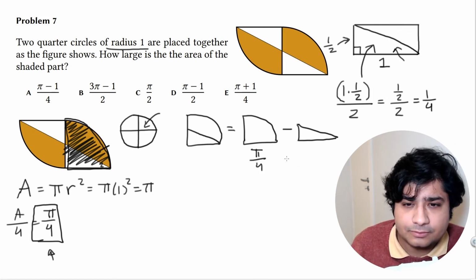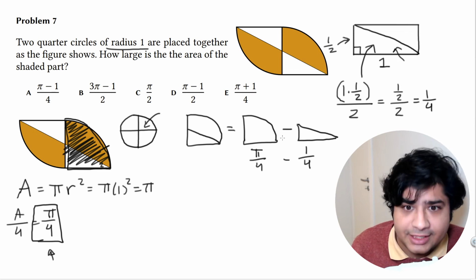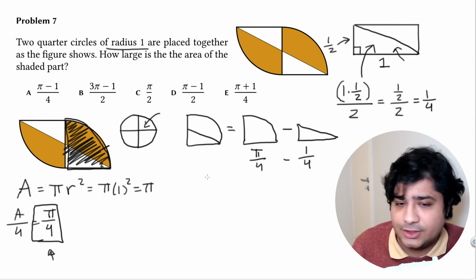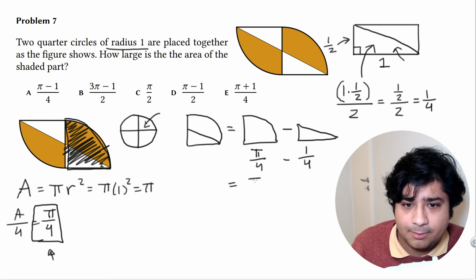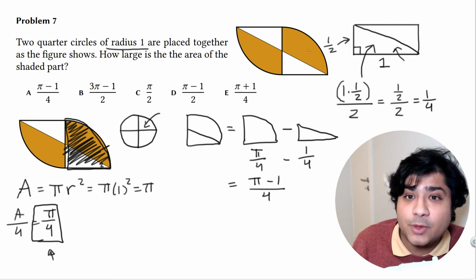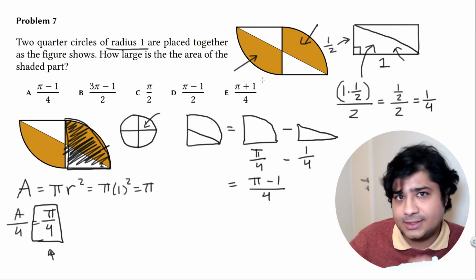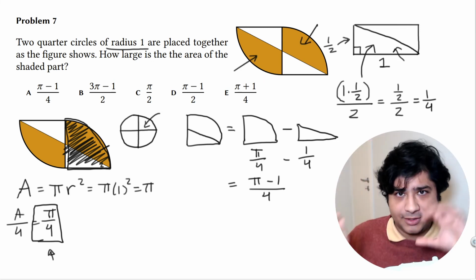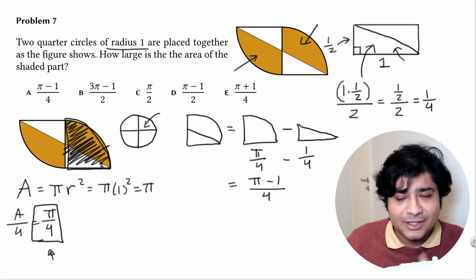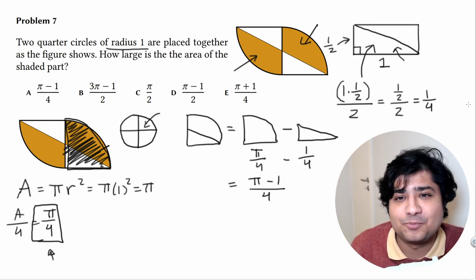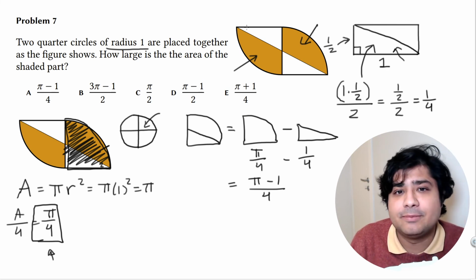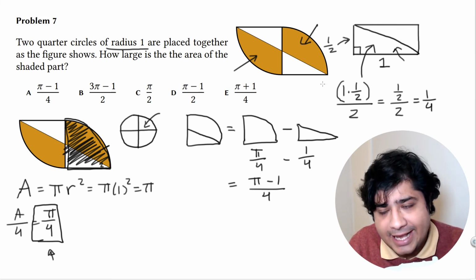And then what is this? Well, that's 1/4. Okay, very nice. So now we can do pi minus 1, divided by 4. All right, so that's one of these. This one and this one are identical. They're the same kind of figure, mirrored along this diagonal.